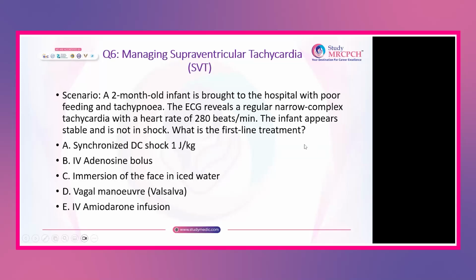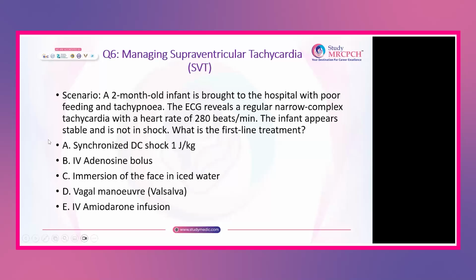From the definitions and descriptions of the ECG here, regular narrow complex tachycardia and a heart rate in infants of more than 220 is consistent with supraventricular tachycardia. The specific things in the ECG will be narrow QRS and absent P wave. So he gave you very good information.